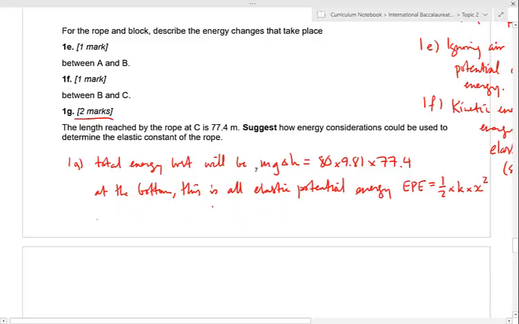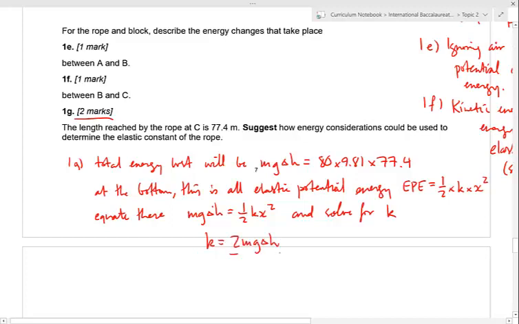So we would equate these. So we would go mg delta h is equal to 1/2 k x squared, and solve for k. I don't know why they didn't ask you to do it, because it's doable. So k is what we're trying to find. k is equal to 2 mg delta h over x squared.